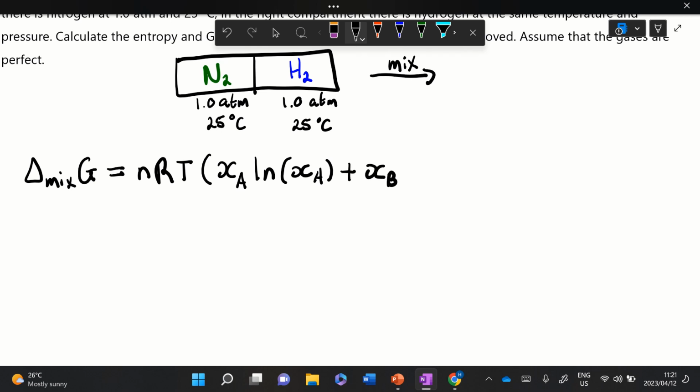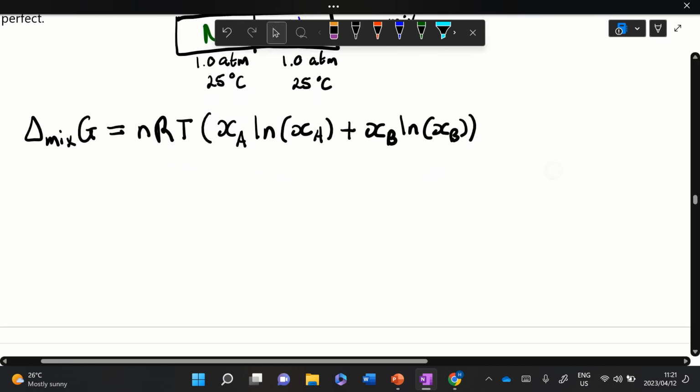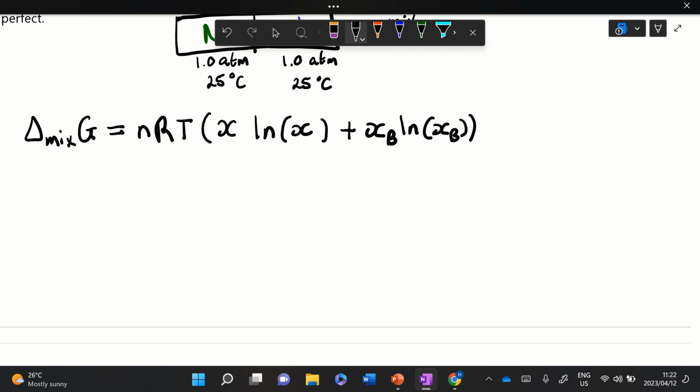I'm just using general subscripts here at the moment, A and B for the gases, but A is, for example, nitrogen, so we can make it N2, and then B is hydrogen.